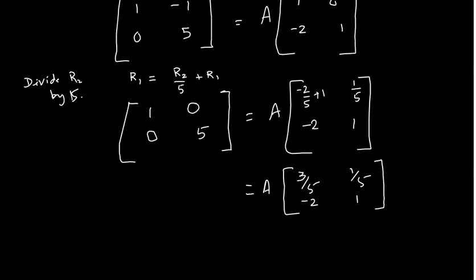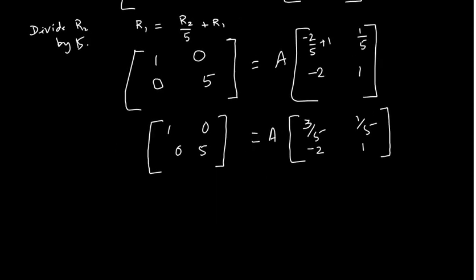How do I get this particular thing as a 1? Divide by 5. So now replace R2 equal to R2 divided by 5. Don't disturb R1 at all.